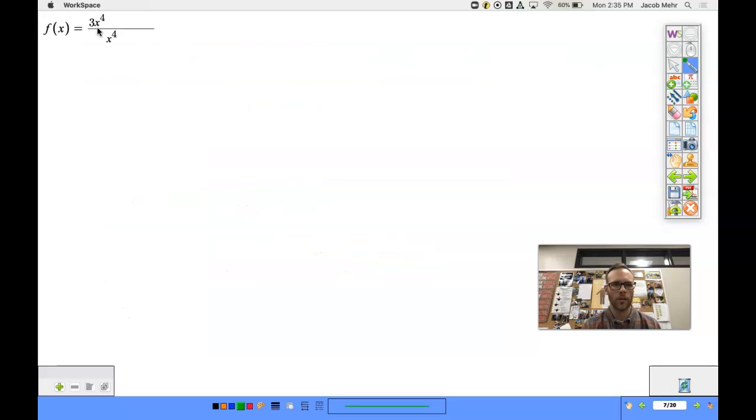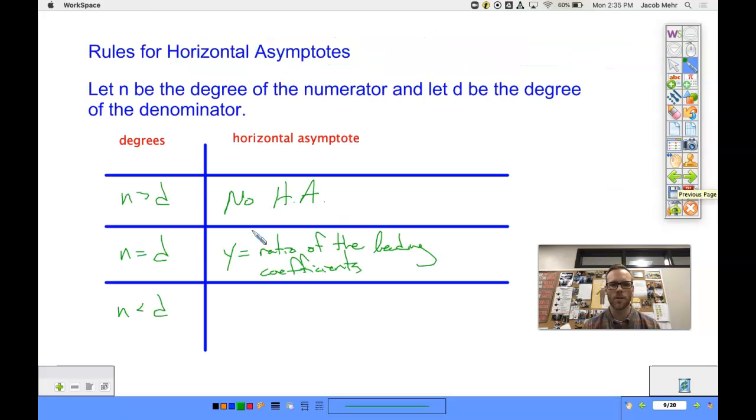Leading coefficients, 3 over 1, it was 3. Leading coefficients, 1 over 1, it was 1. If the degrees are the same, it's the ratio of the leading coefficients. Now, if the numerator is smaller, the denominator wins. And what was our horizontal asymptote? y equals 0. If the denominator gets bigger faster, the fraction goes to 0.